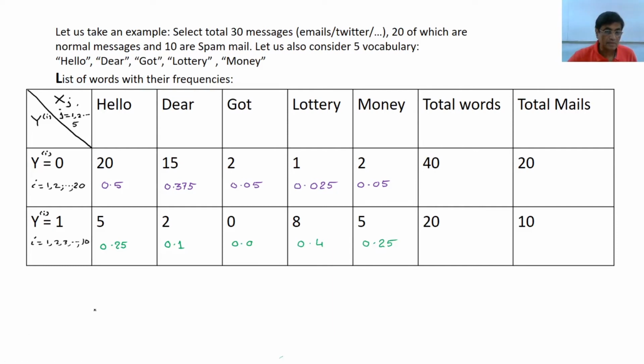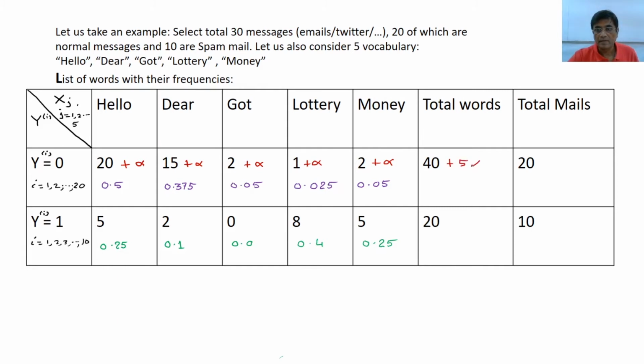In Laplace smoothing, the concept is that you add some value, say alpha, to each word frequency, 1 2 3 4 5 alpha.